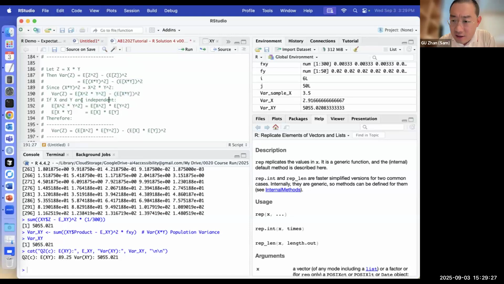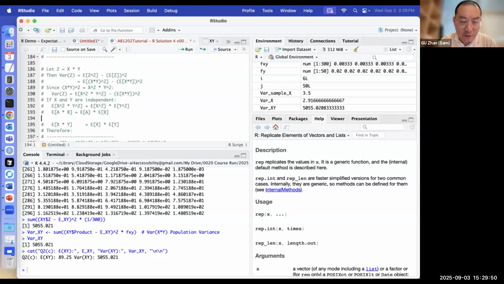If X and Y are independent, as we learned earlier, consider this one as A times B, which is equivalent to E(A) times E(B).